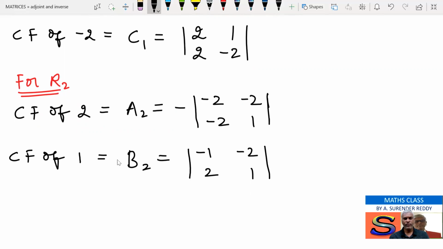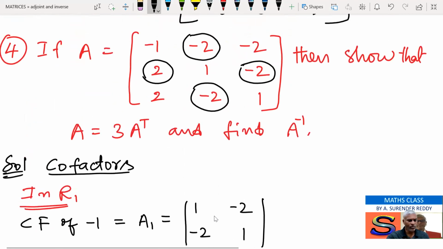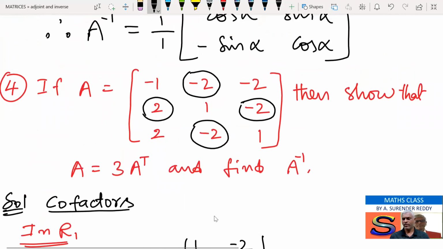Next, cofactor of third element in the second row, that is -2. Let us name it as C2. So for this we need to multiply with minus and take the 4 elements. Look at this, -2, we need to multiply minus for this cofactor.